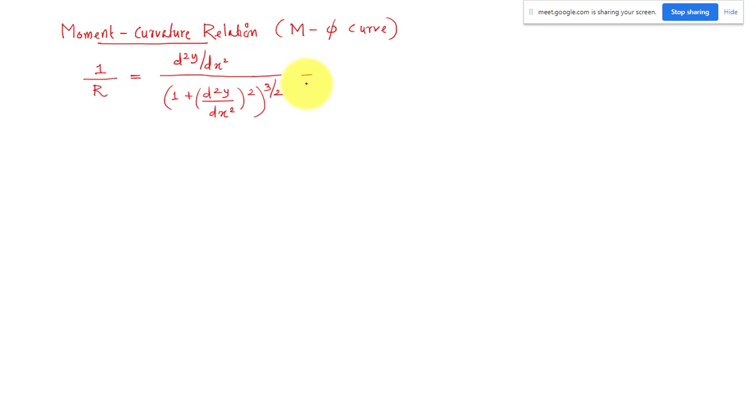We can approximately take it as d square y by dx square. That is what you have done in all the double integration methods. Everywhere we have used this approximation.